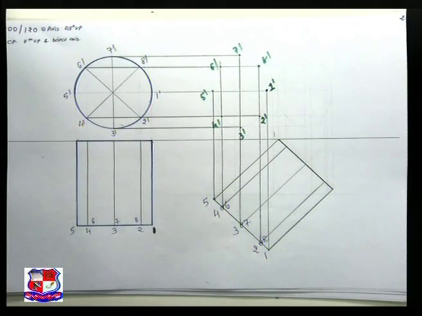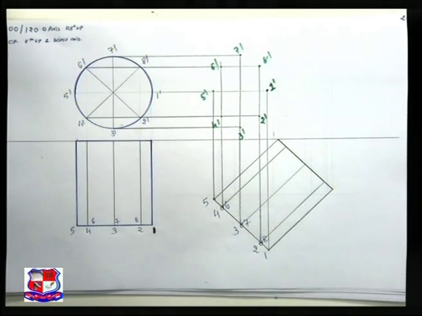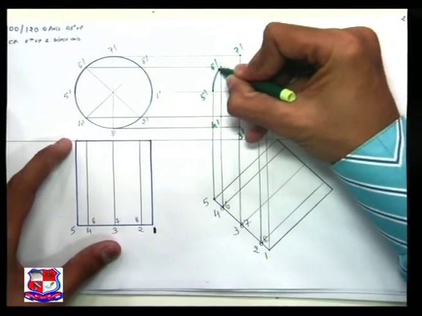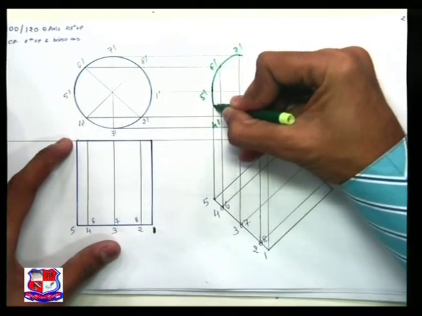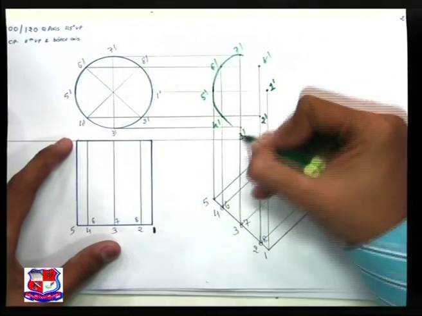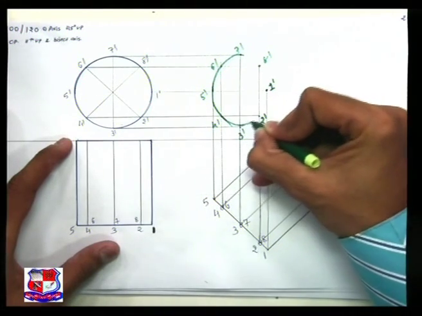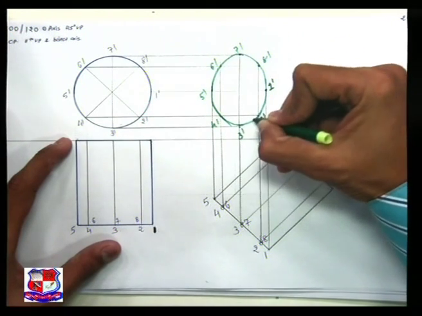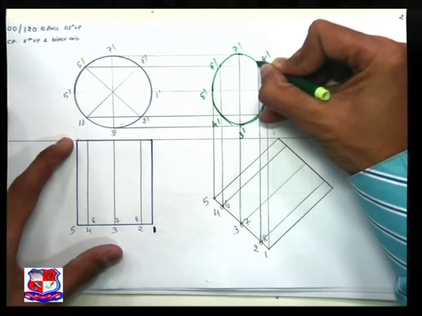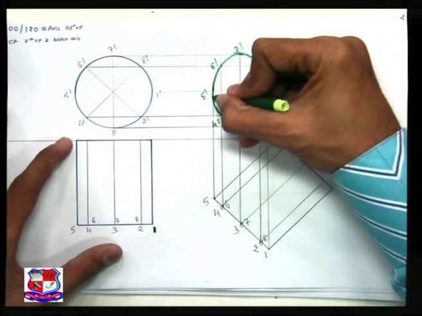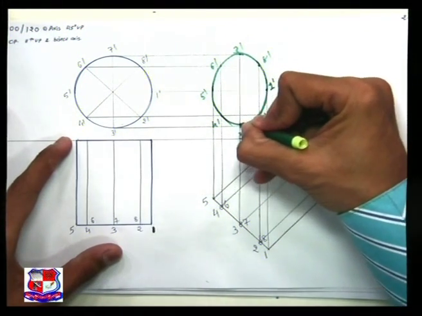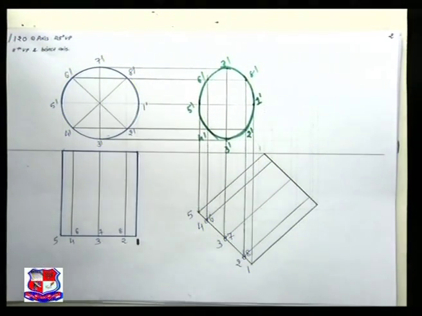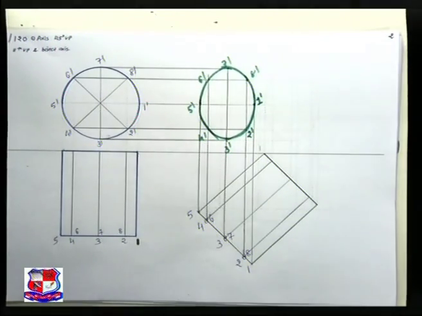And join all these points with a smooth curve, as it represents the circular base which is towards us, and it would be a smooth elliptical shape, a regular ellipse having two diameters, major diameter and minor diameter. Major diameter will be equal to the diameter of the cylinder, that is 100 millimeter, and minor diameter would be reduced by cos 45 degree.